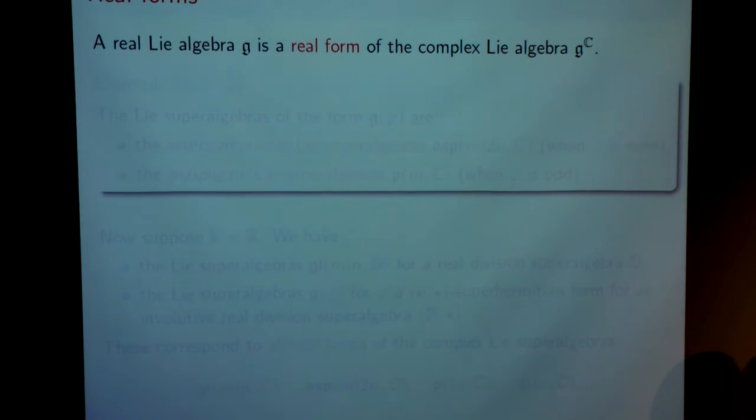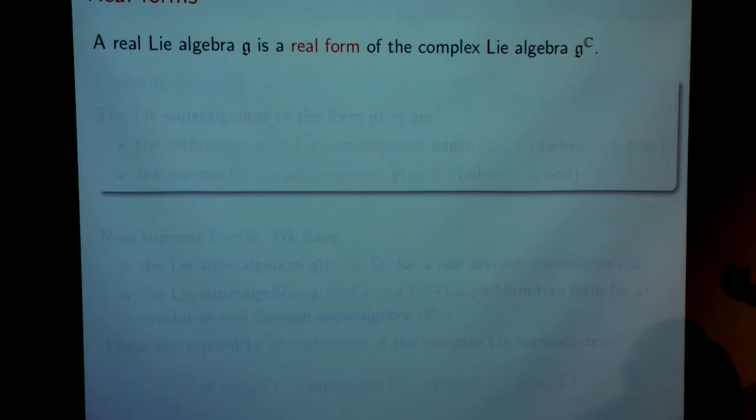Okay, so let me just discuss what we get from these super Hermitian forms. What type of Lie superalgebras do we get? We'll give an abstract definition, but this is what we get concretely. So remember, a real Lie algebra is a real form of its complexification.